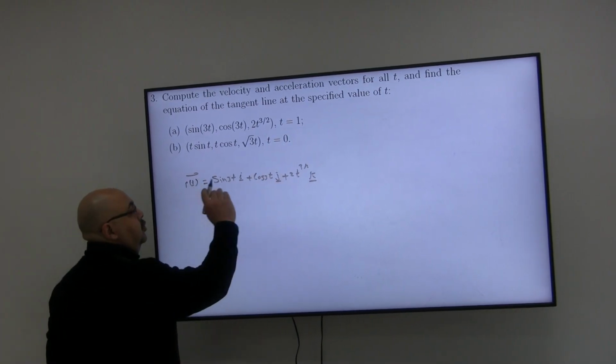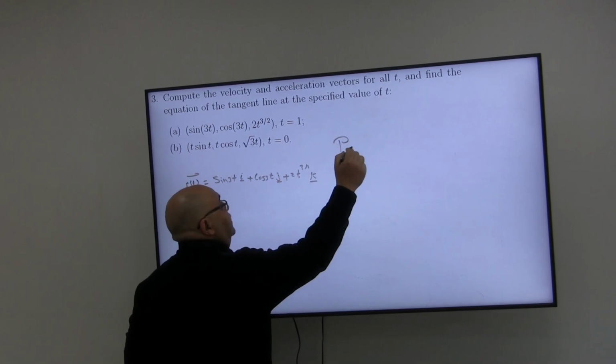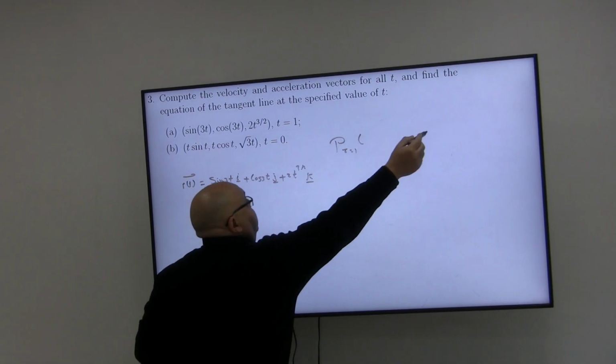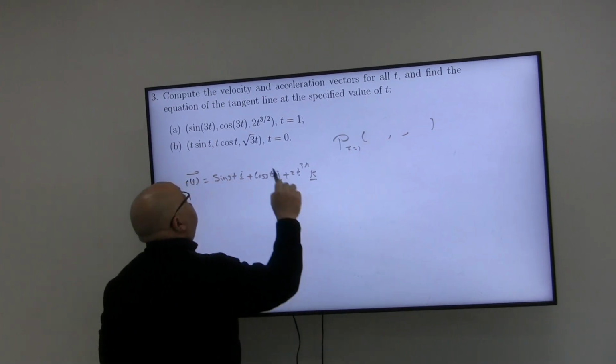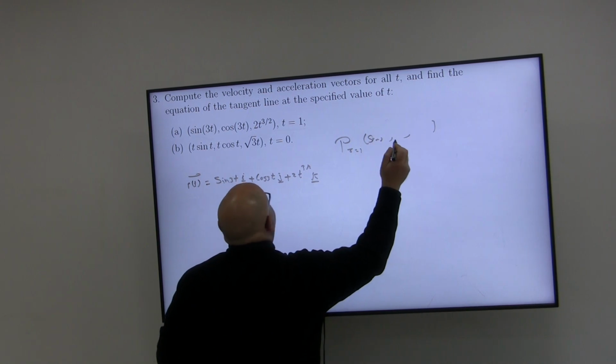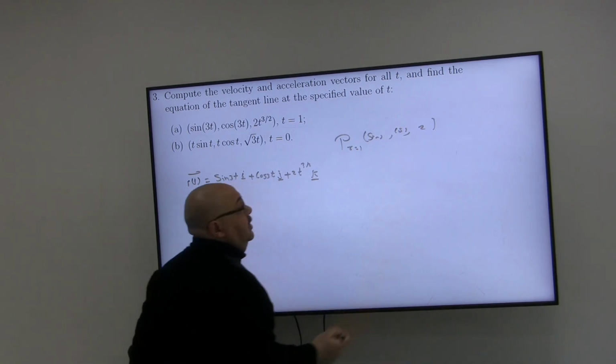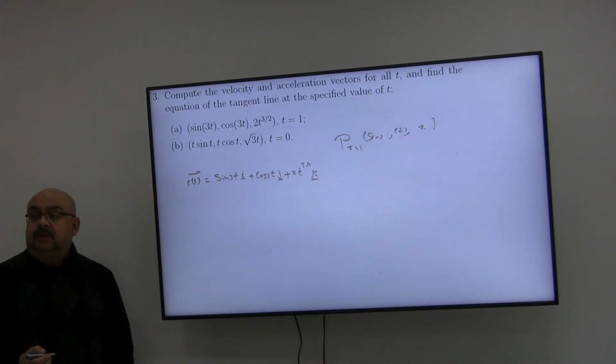So all I have to do is make the substitution at t equal to 1. Make the substitution, you will have the 3 components: sine 3, cosine 3, and 2. That's the point. I need the vector.